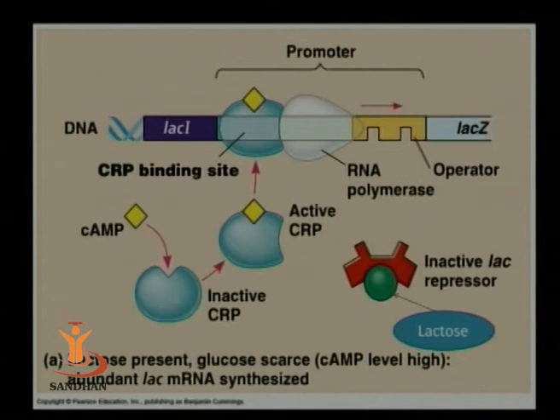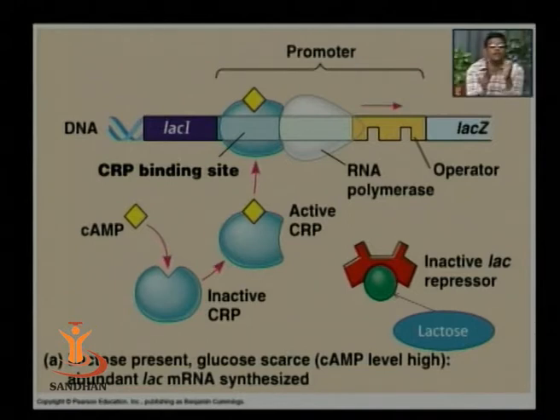Upon binding of cAMP to CAP protein, it induces certain conformational changes, as we can see in this diagram. The blue colored one is inactive CRP, the yellow colored one is cAMP which will bind to it, and then the inactive CRP will be activated by undergoing certain conformational changes. Now this activated or charged CRP will bind to the CAP site, which is just present beside the promoter.